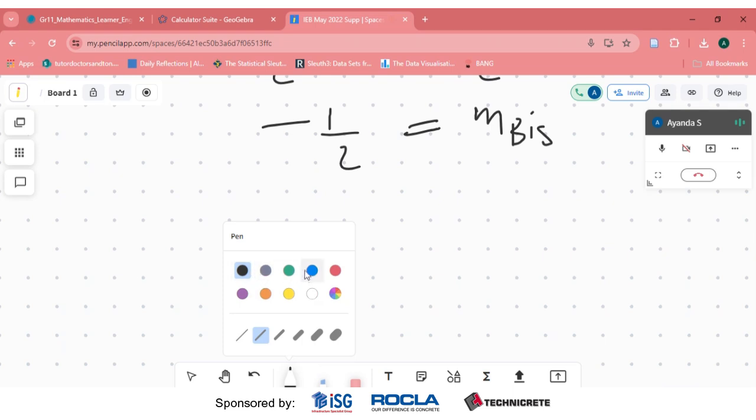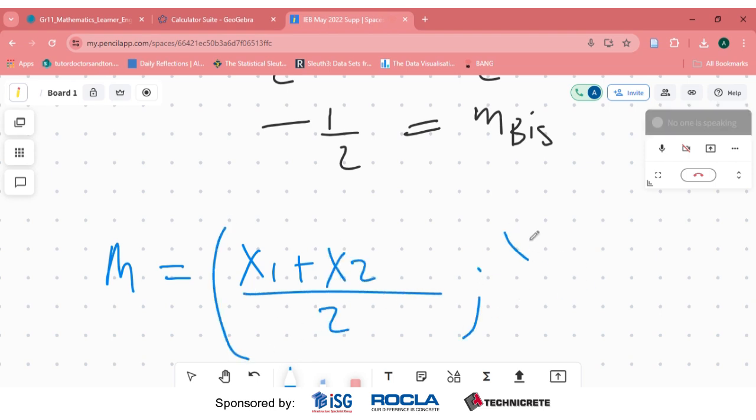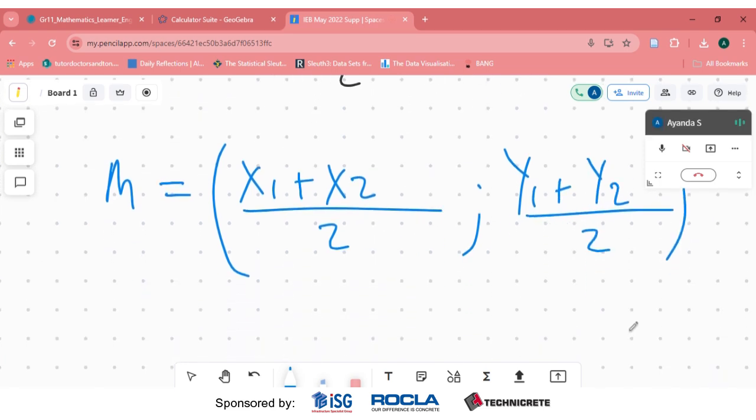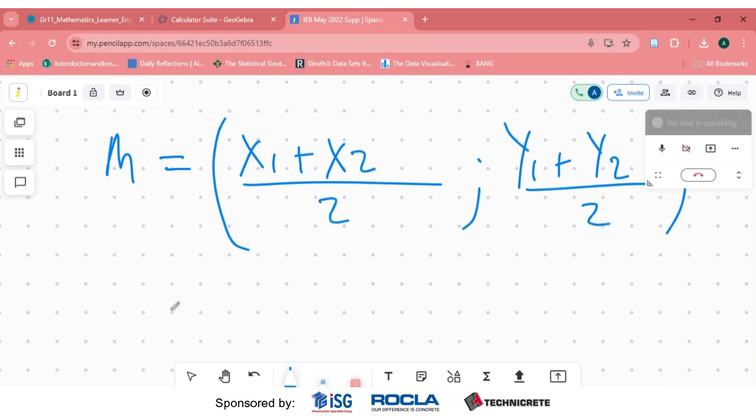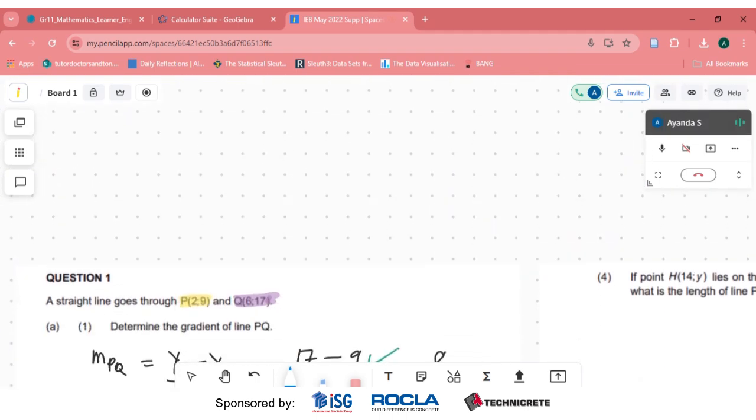So our midpoint formula is M is equal to x1 plus x2 divided by 2 and y1 plus y2 divided by 2. And this will give us two coordinates. So what are our values for P and Q?